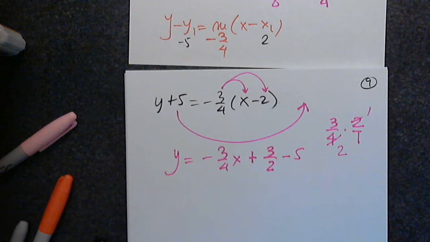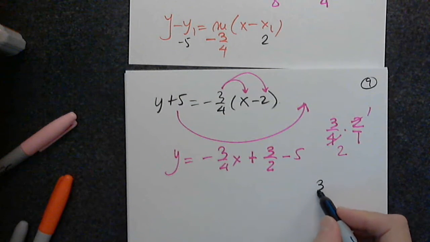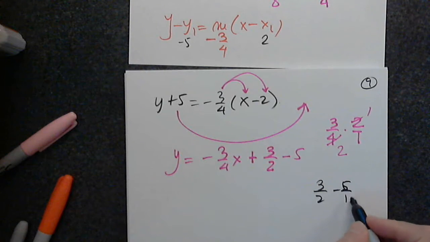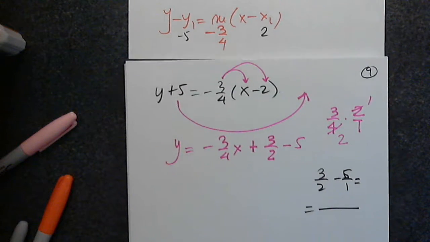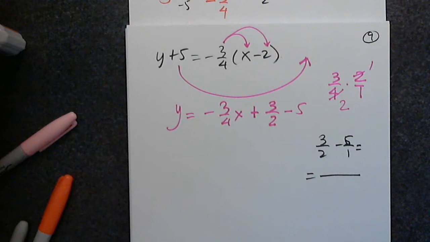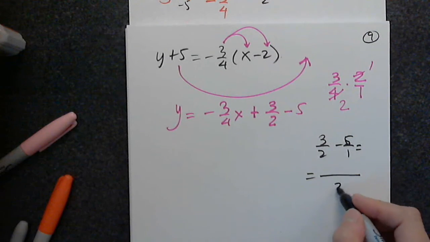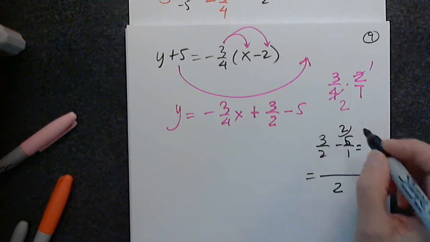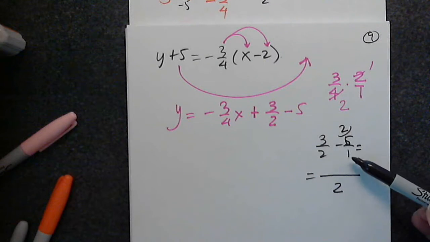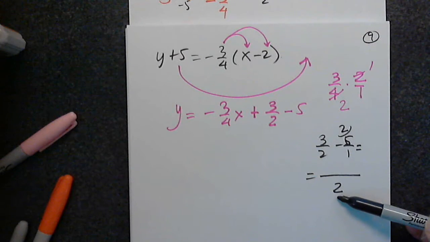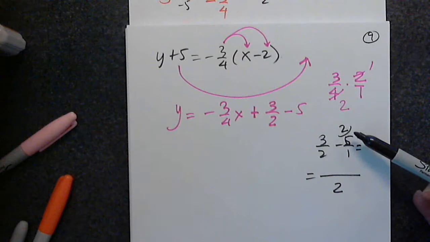It's not done because I have to find the least common denominator and perform this operation here. What is the least common denominator? Let's do that on the side as well. So 3/2 minus 5 over 1. What is the least common denominator? And there is only one. 2. So then this one needs an adjustment of 2. Because the denominator was 1 multiplied by 2, the numerator has to be multiplied by 2 as well.